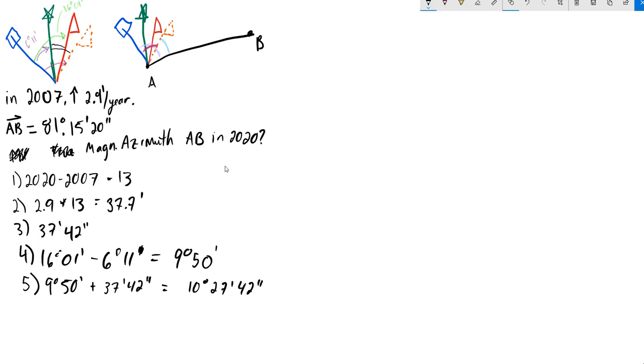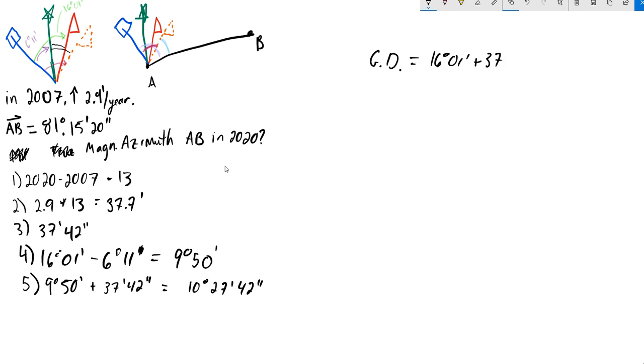So how do I do that? What angles do I have and what don't I have? Really, all I need, I have the 16 degrees 01 minutes plus this little bit here, right? So to get my grid declination, I'm going to say 16 degrees 01 minutes, and then add the difference.